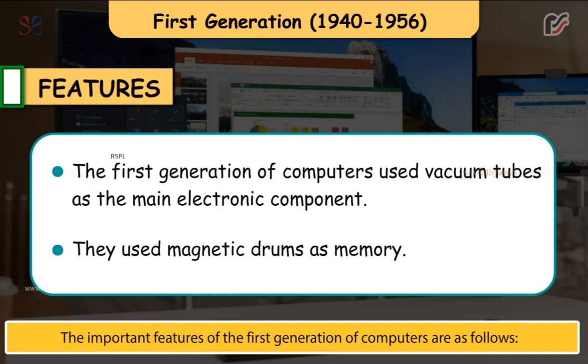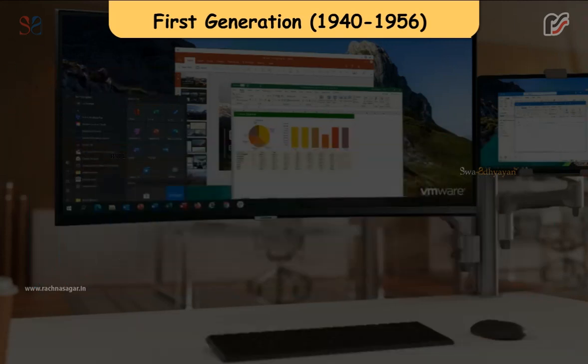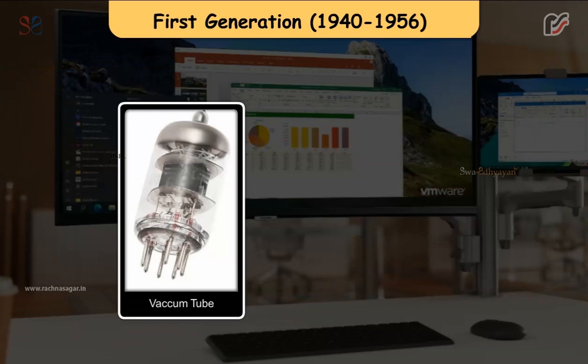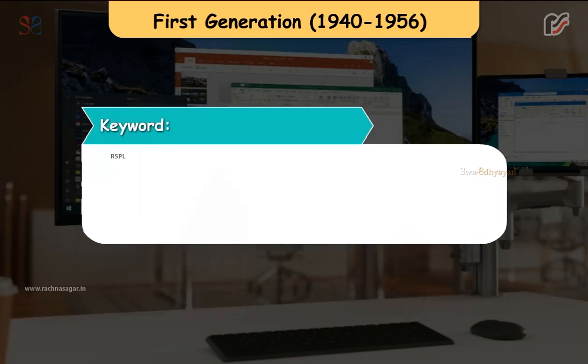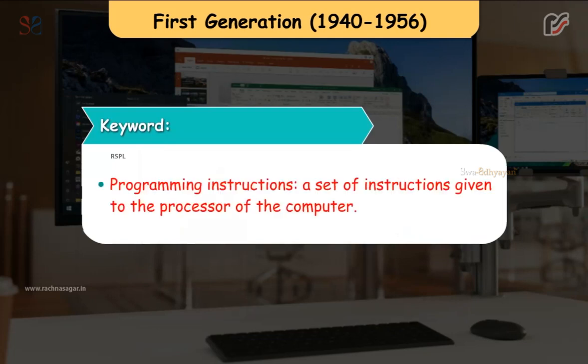They used magnetic drums as memory. Vacuum tube, magnetic drum. Keyword: programming instructions, a set of instructions given to the processor of the computer.